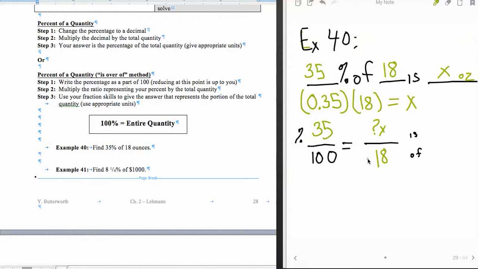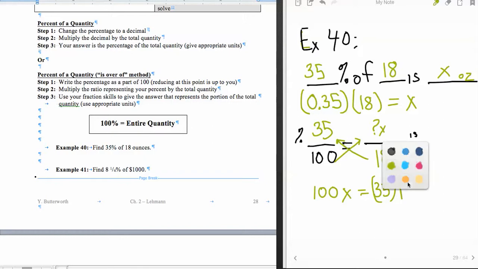And this problem is a proportion which you multiply across this way, and so we're going to end up multiplying 35 times 18 and then dividing by 100. And that's how we'd solve that. So it looks like 100 times x, which is equal to 35 times 18. And then in order to finish solving that problem, you have to divide both sides by 100.